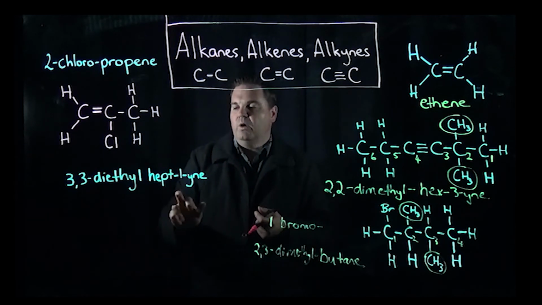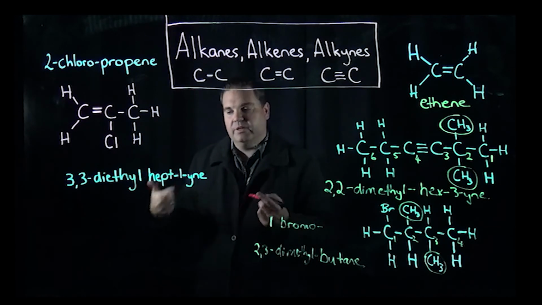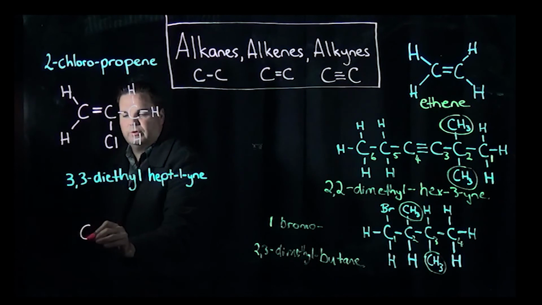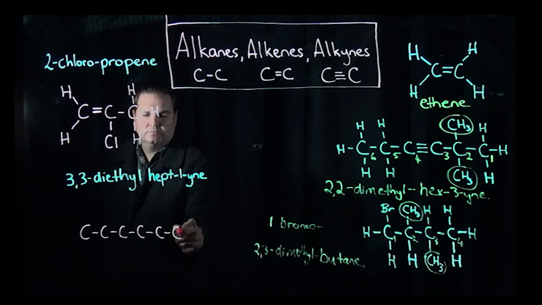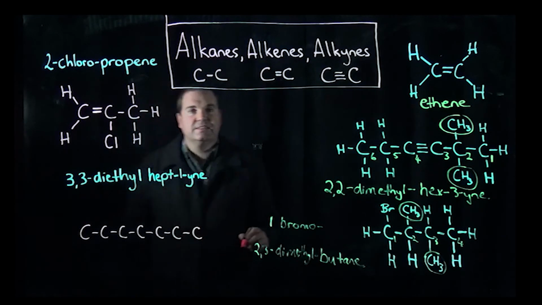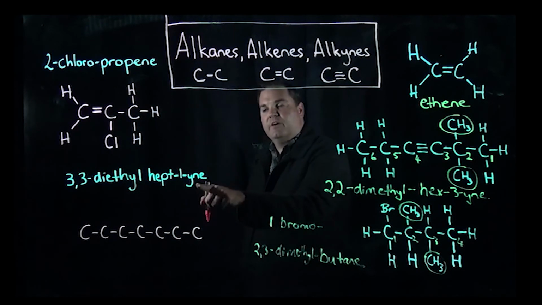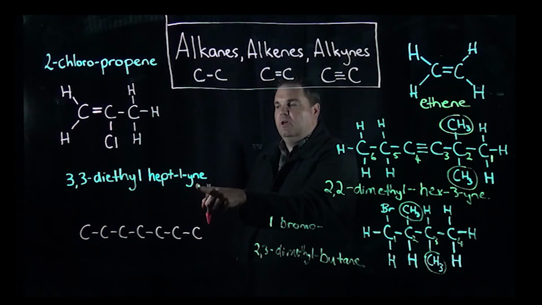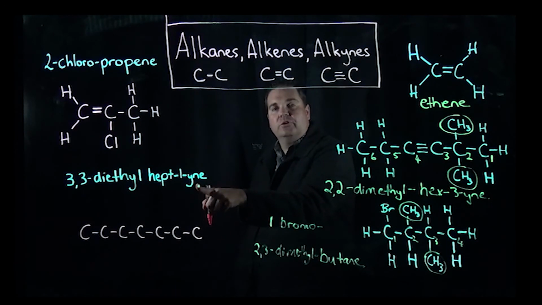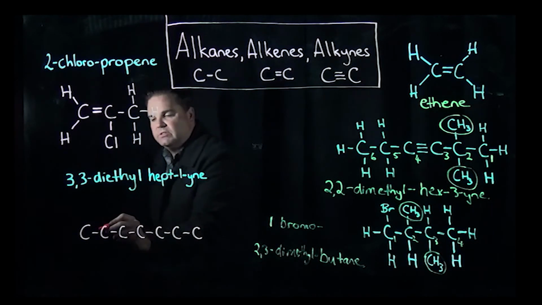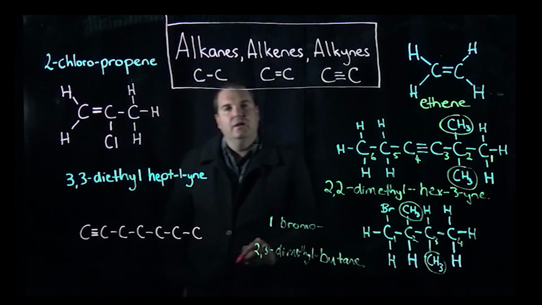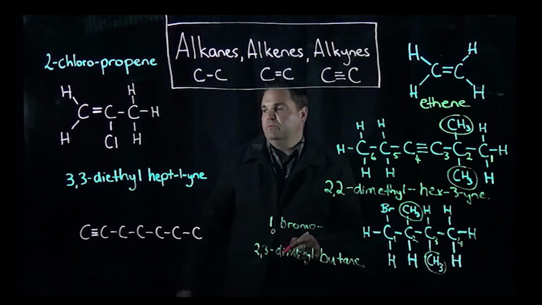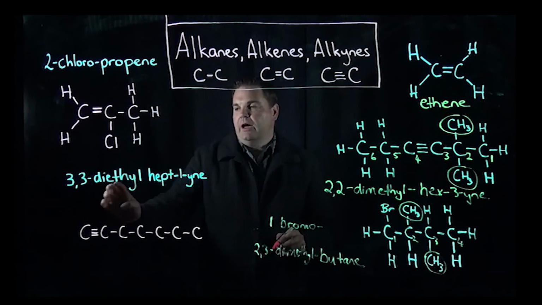Here, hept-1-yne. So hept means 7. So again, what we're going to do is go through and put our 7 carbon atoms in. So there's our 7 carbon atoms. We then look at the functional group, YNE. YNE makes it an alkyne, so it's a triple bond. So this first carbon here is going to have a triple bond on it. Then we have a look at the side chains we've got. We've got 3,3-diethyl.